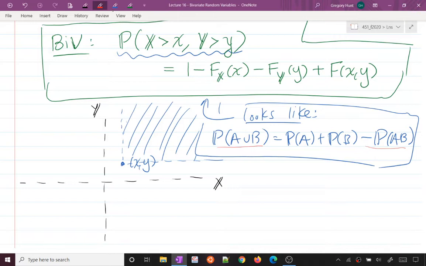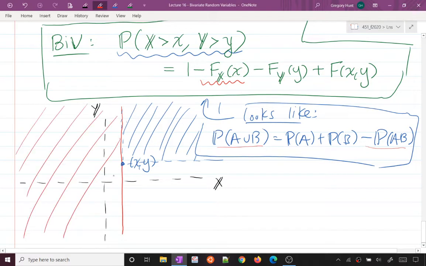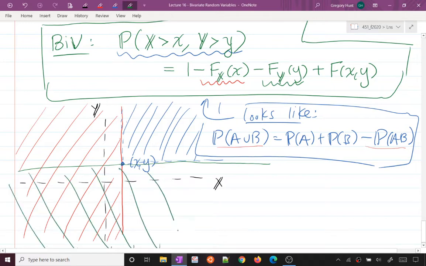First, let's underline in red the CDF of X at little x, which we can visualize as this half plane to the left of little x. I can subtract that off, and maybe I'll underline in green the marginal CDF of y, which would be this half plane below y.